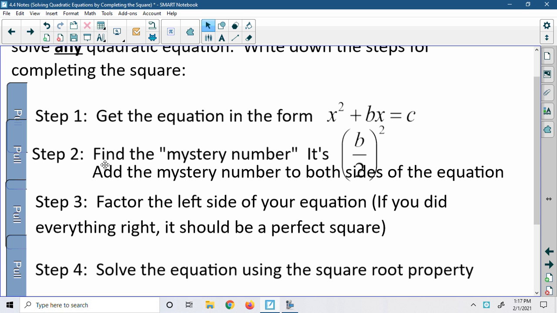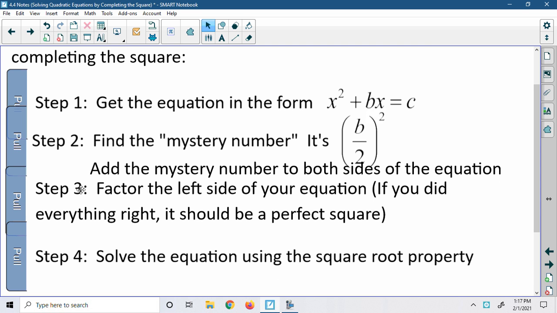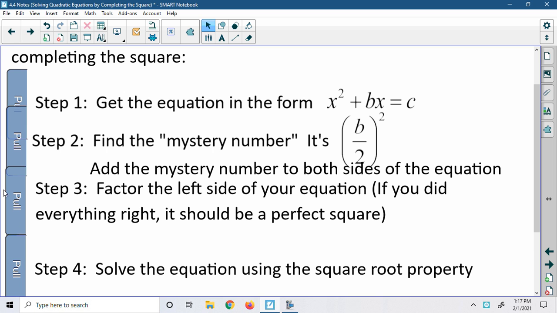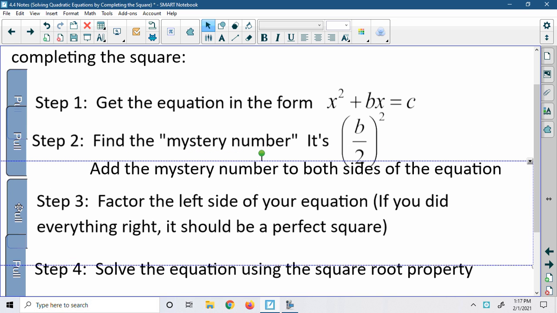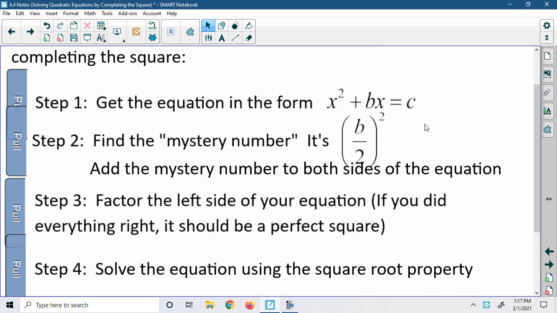So that goes on with step 2. So maybe just pause the video again, write the 4 steps down in the space provided, and then unpause the video when you're done.